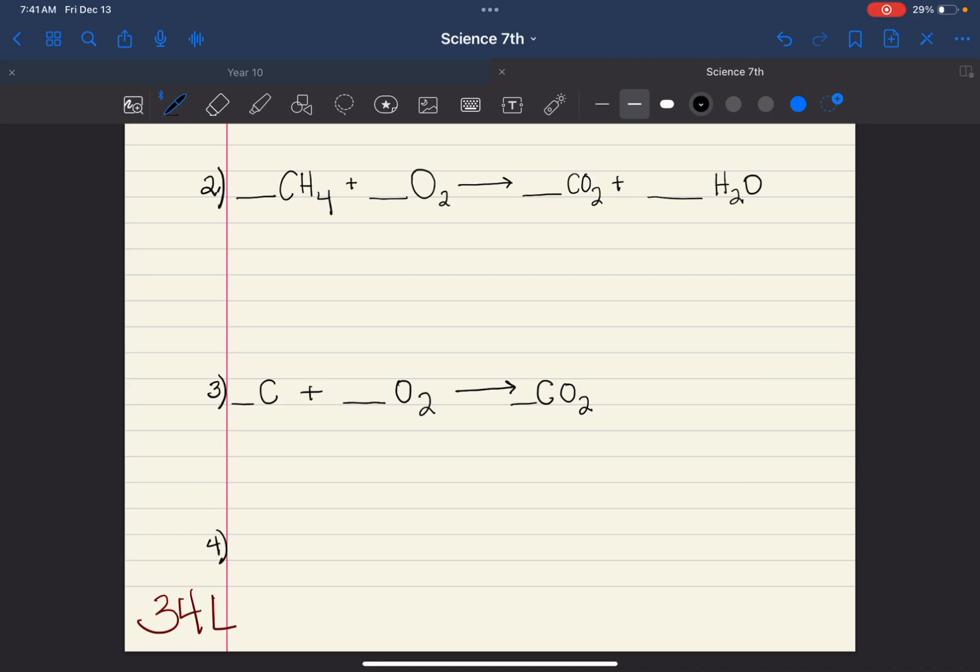So zinc is Zn plus HCl, which is hydrochloric acid. This produces zinc chloride. And I'm even forgetting to put the little line. Plus, again, leave a space, and H2.